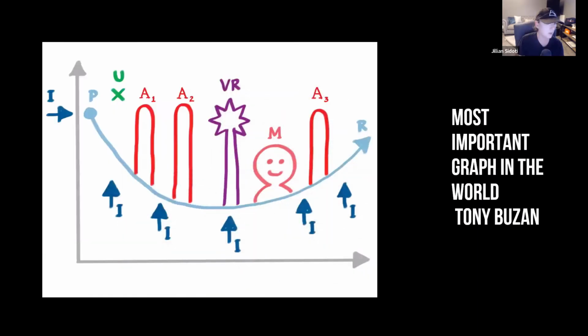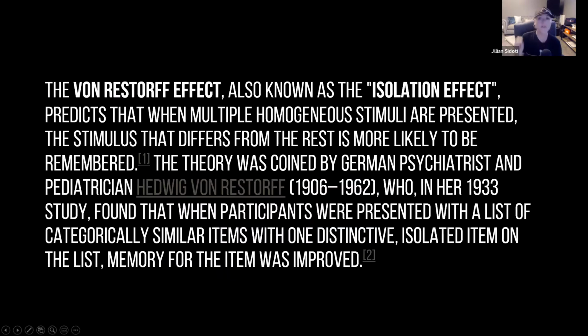Okay, so going back to our most important graph in the world, we have this thing in the middle. And I'm going to tell you what this whole entire graph means. So don't worry. We have this VR, and this is the von Restorff effect. The von Restorff effect, also known as the isolation effect, predicts that when multiple homogeneous stimuli are presented, the stimulus that differs from the rest is more likely to be remembered.